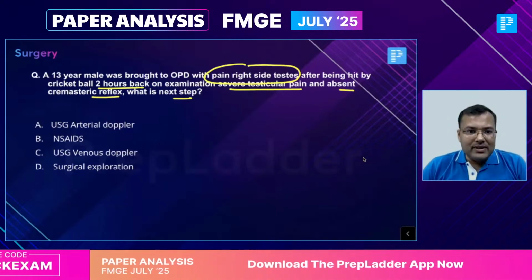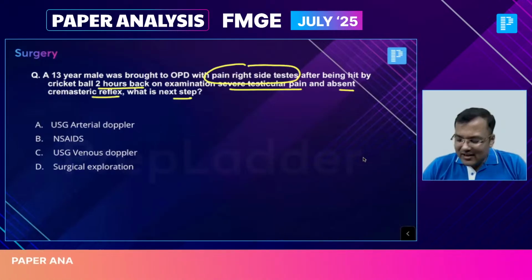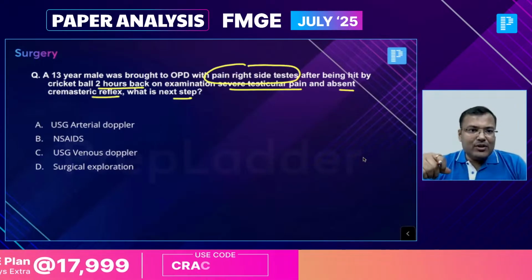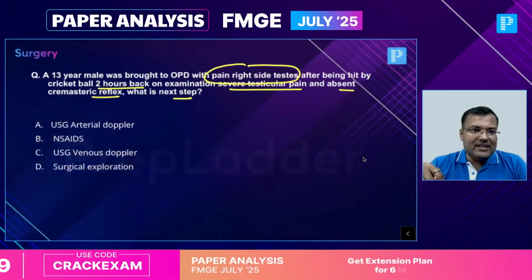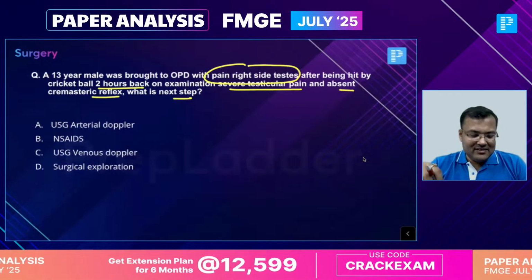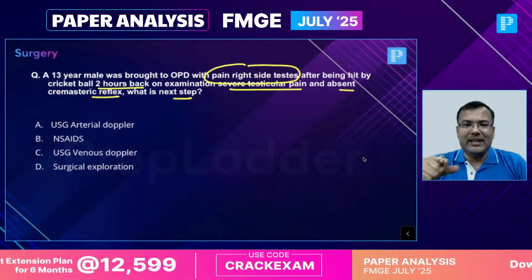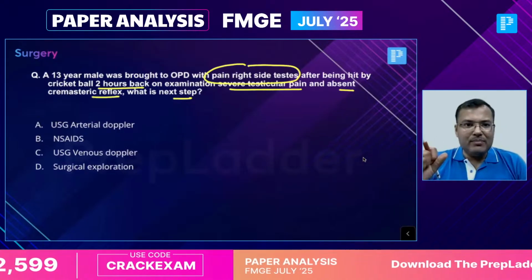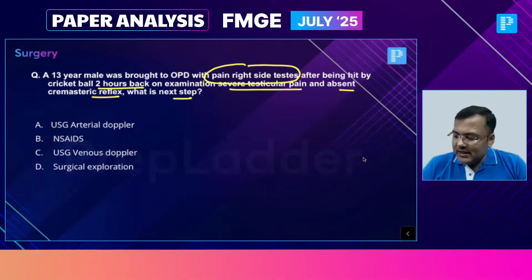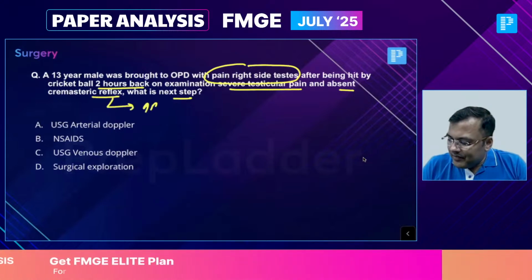So we go for Doppler. Now tell me which one, tell me the option. Bunny, which one? Surgical exploration, venous Doppler, NSAIDs, arterial Doppler. Yes, guys, let me tell you what you suspect. There is severe testicular pain and absent cremastic reflex. Whenever there is testicular torsion, the cremastic reflex is absent.